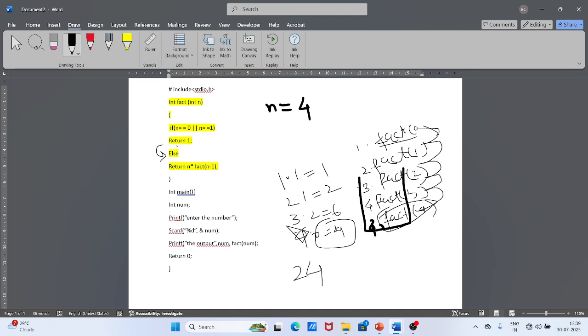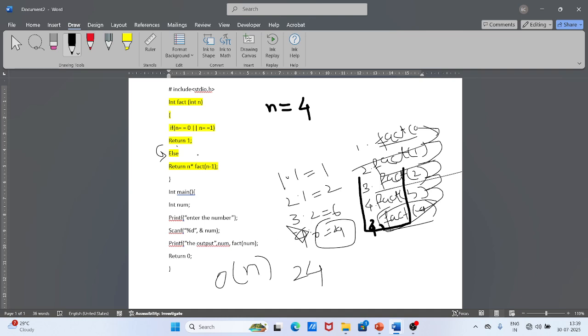Because each function call uses stack memory. For a recursive function, each recursive call adds one frame to the stack, and the total depth is n calls. So space complexity is order of n.